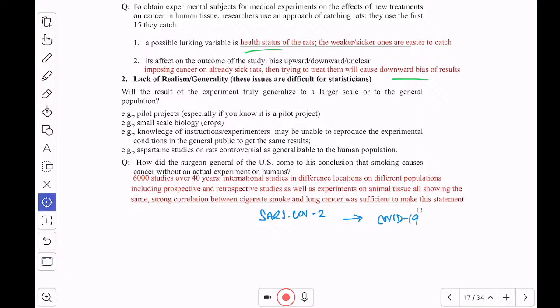But in fact, this has never been tested in an experiment where people have been infected with SARS-CoV-2 to see if it causes COVID-19 with a control group and all of that, right? But it's been deemed an emergency, and we've taken maximum precaution. But in fact, this has never been proven in an experiment.